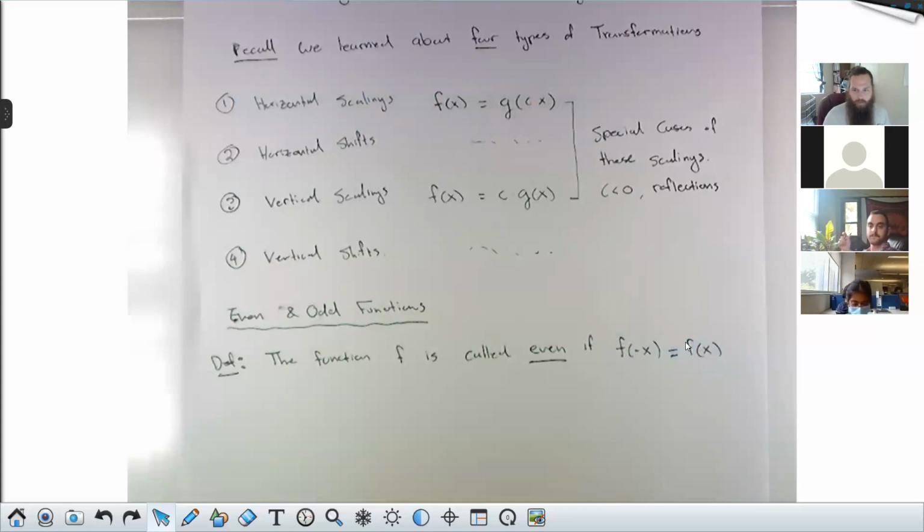It's still equal to the original function. So think of this as a transformed version of the function f, and think of this as the original version of the function f. What this equation says is that the function f is invariant under the particular transformation that's induced by this negative. And what is that transformation? Well, if you multiply on the inside by -1, that's a reflection over the y-axis, a horizontal reflection. So what is this really saying?